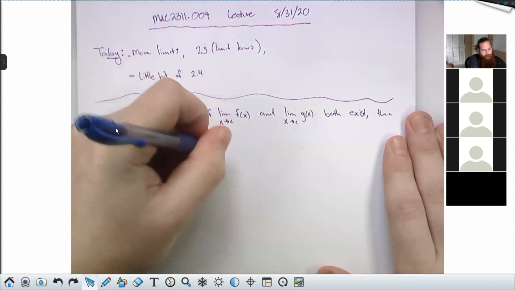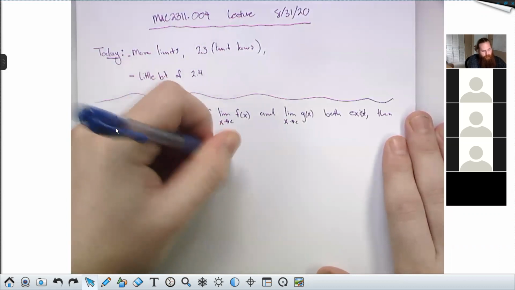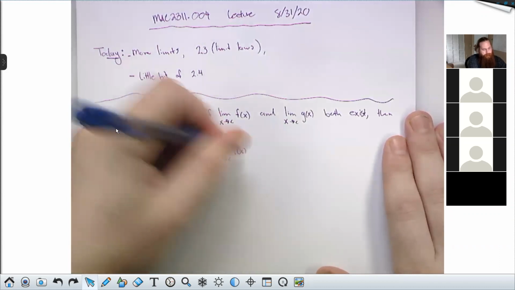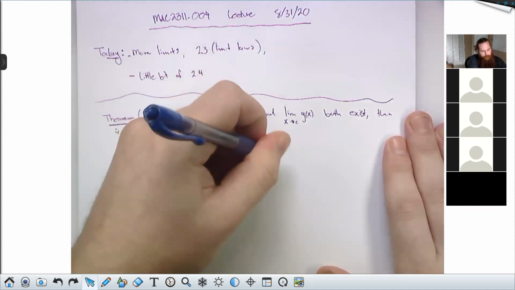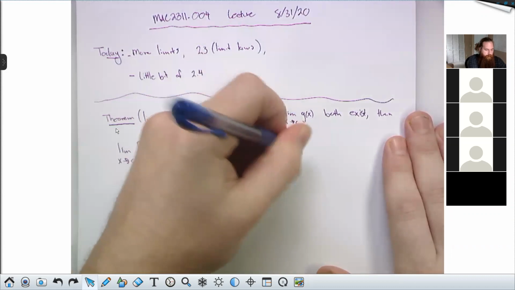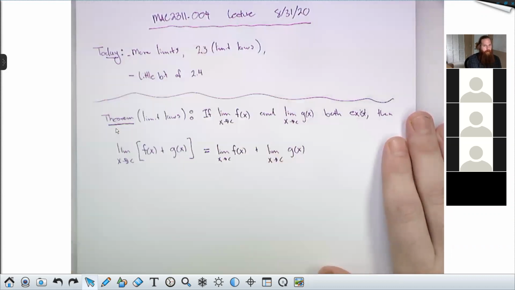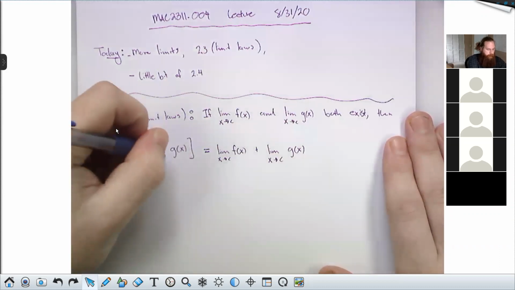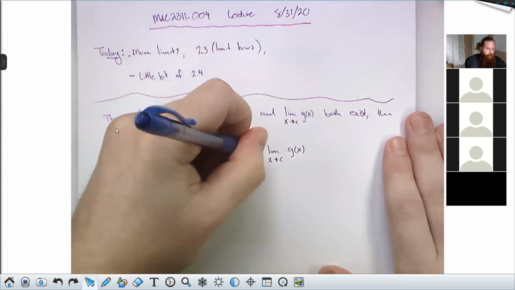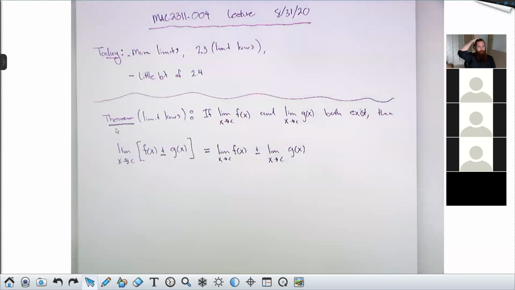So that's the limit as x approaches c of f plus the limit as x approaches c of g. And there's nothing sacred about this plus symbol in between there. If that plus were a minus, then this plus would be a minus, and that works just fine.